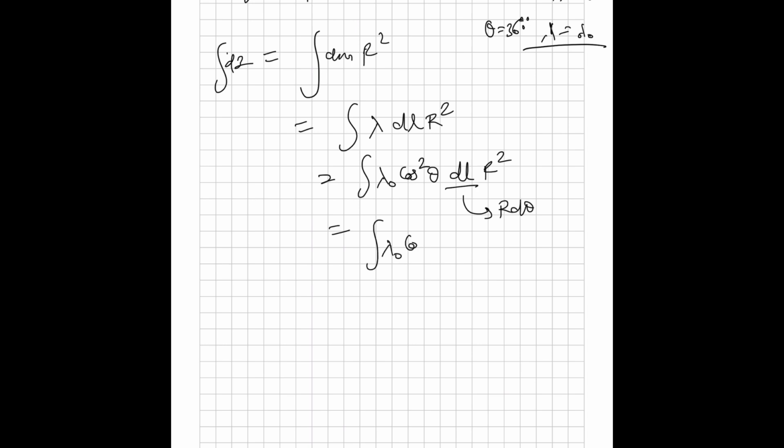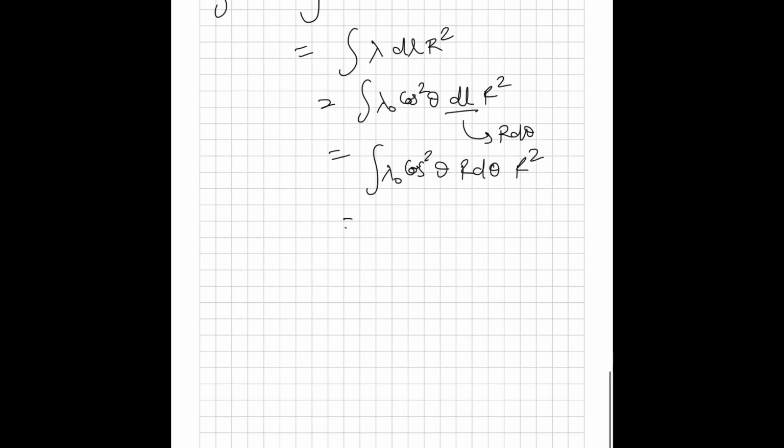So lambda naught cos square theta r d theta r square. Constant terms will come out of the integration. Again limit 0 to 2 pi cos square theta d theta.